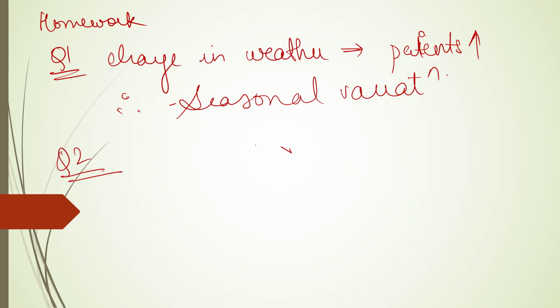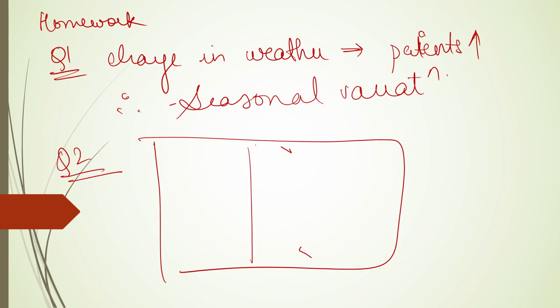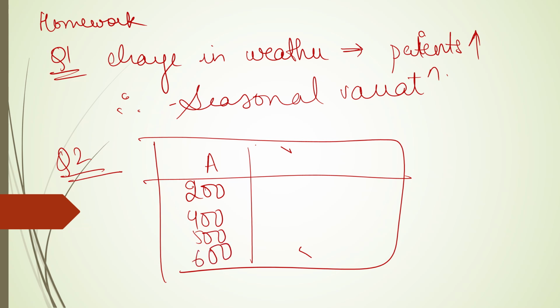The second question says, suppose you have a table in which you have values of A as 200, 400, 500, 600. You have to calculate the 3-month moving average.